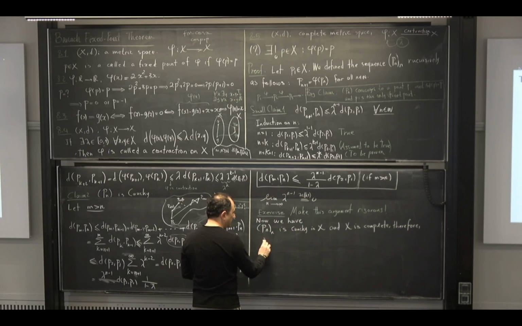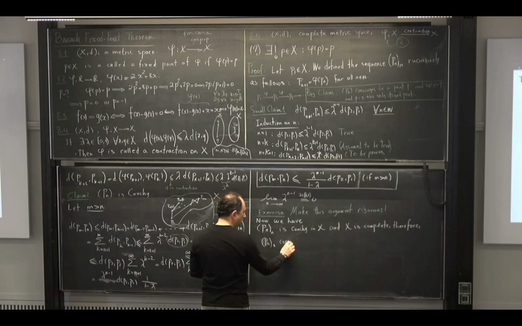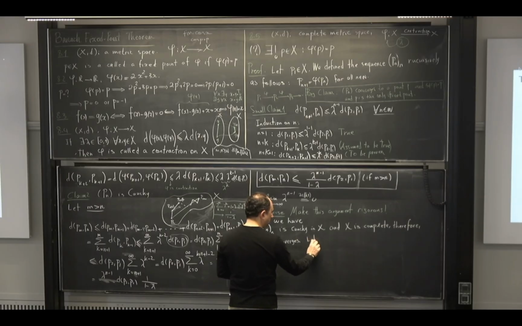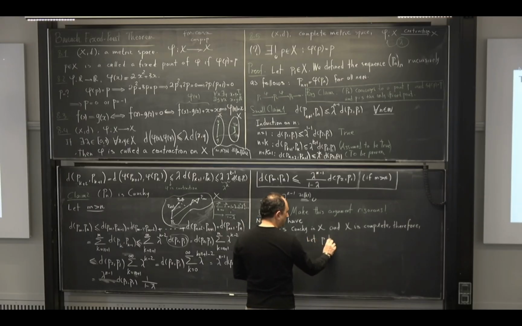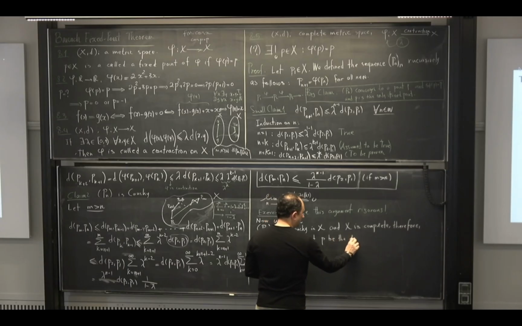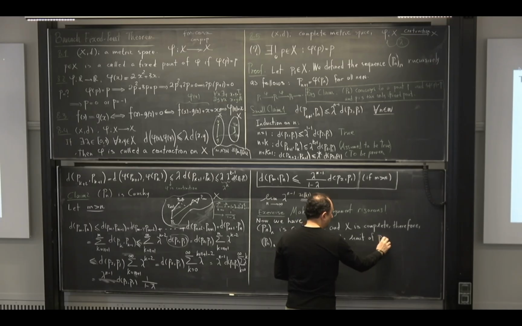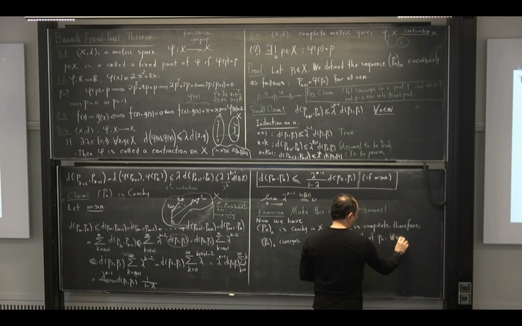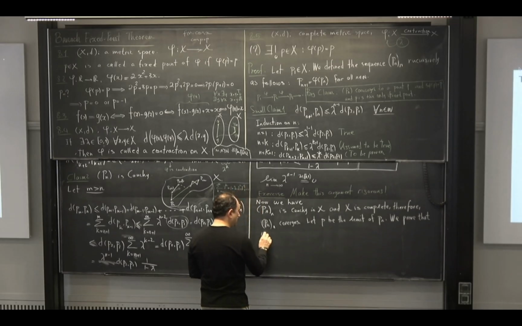Pn converges. Let P be the limit of Pn. We prove that phi of P is equal to P.